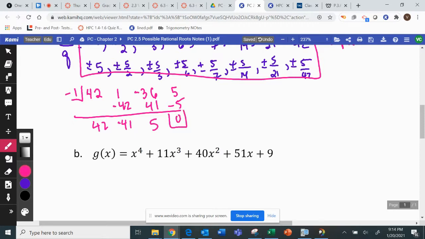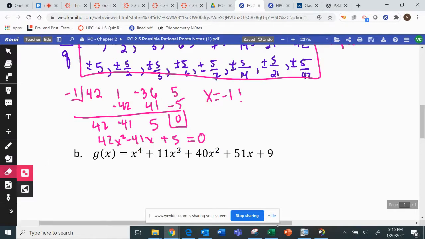And yes, -1 is a 0. So from there, I would take 42x squared minus 41x plus 5, and I would either factor what's left, or I would do quadratic formula if it's not factorable.